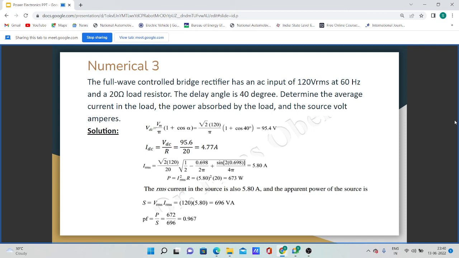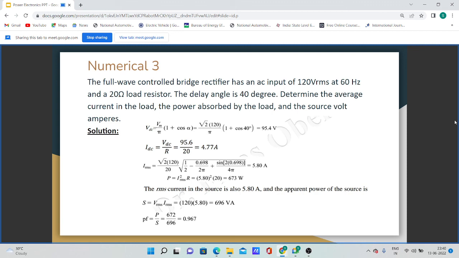this is a numerical on a full wave controlled bridge rectifier with an input of 120 volt RMS at 60 hertz, given frequency is 60 hertz, and a 20 ohm resistor. The delay angle is 40 degree. We need to calculate the current in the load, the power absorbed by the load, and the source volt ampere.